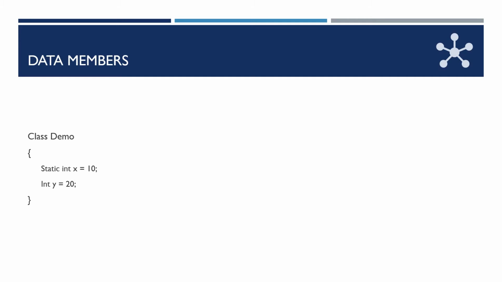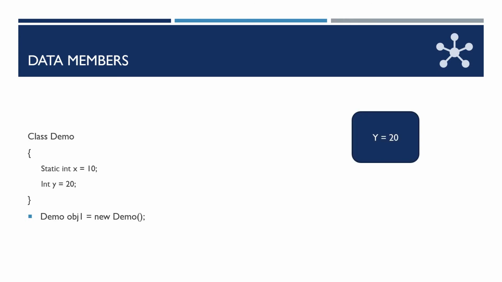Next, this class demo has one static member and one instance member. X is a static member and y is the instance member. So what happens when we create an object for it? Here I am creating the first object for the demo class, and memory will be created with the instance member only, not with the static member.